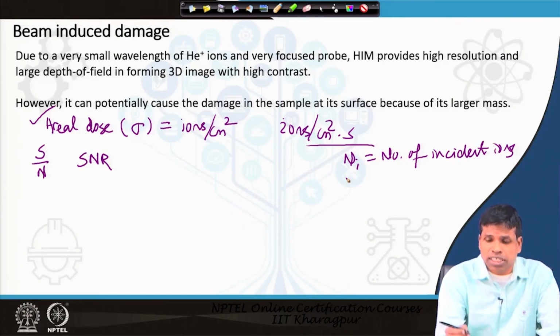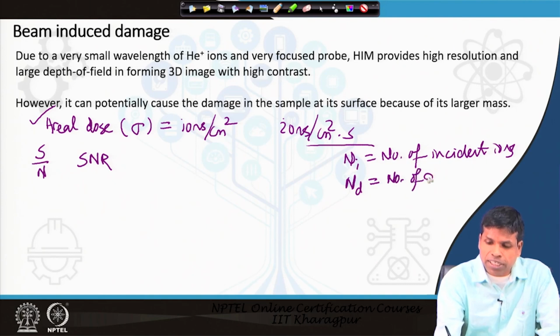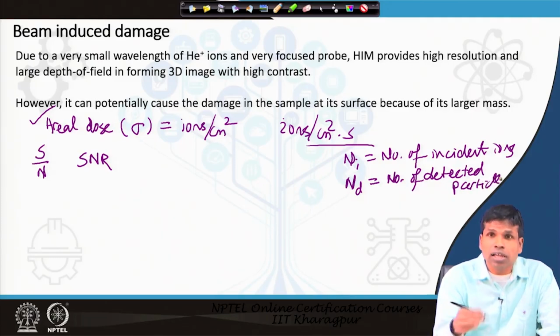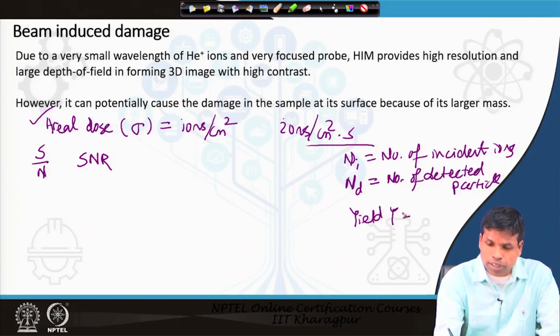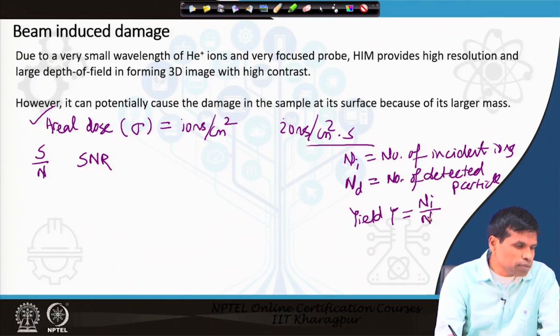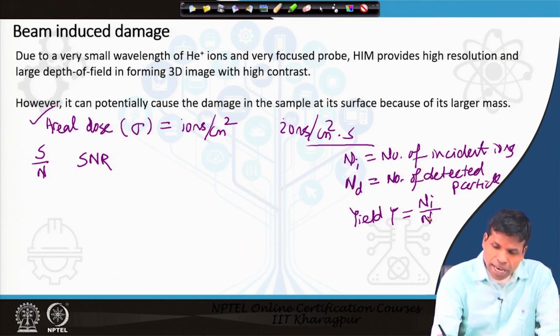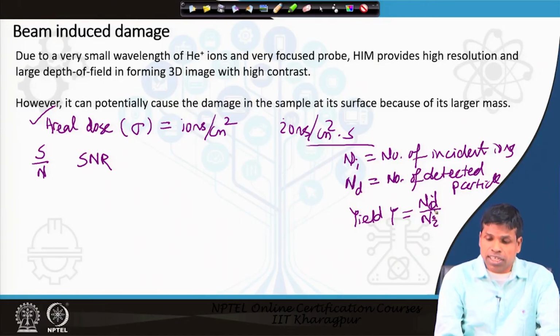So, those are called signal. Let us say Nd is the number of detected particles. Then the yield y will be equal to Nd by Ni, the number of detected signal divided by the number of incident ions.